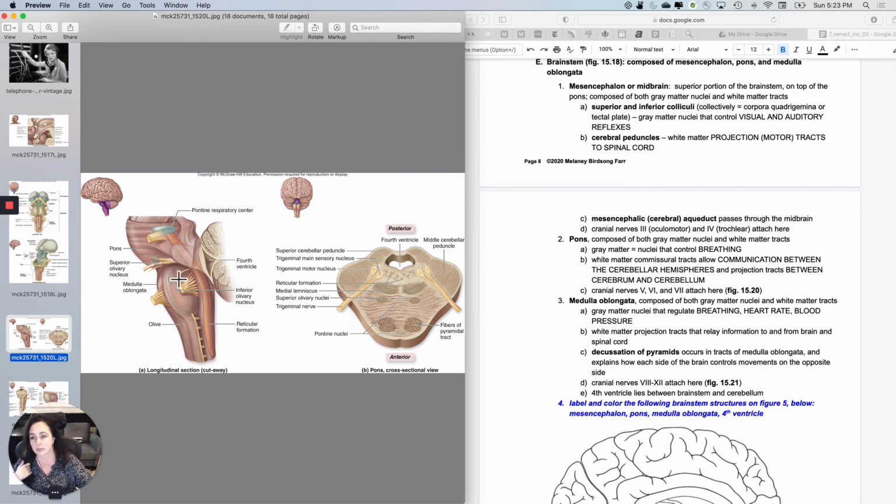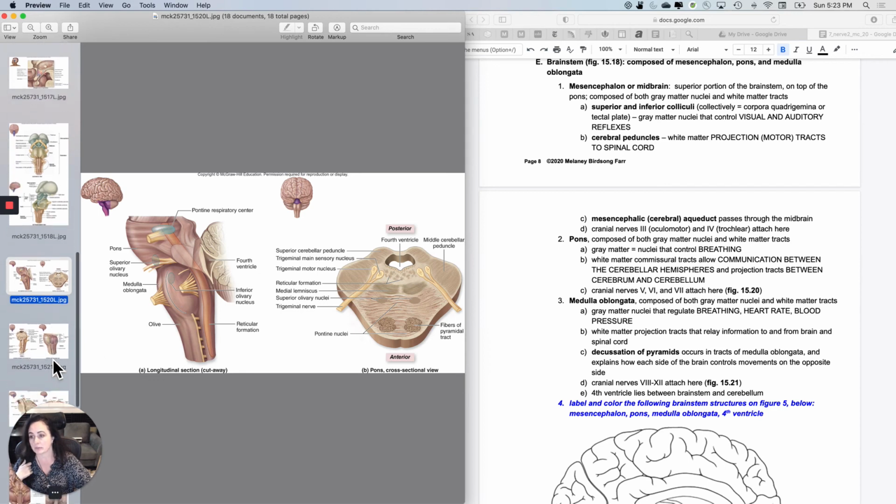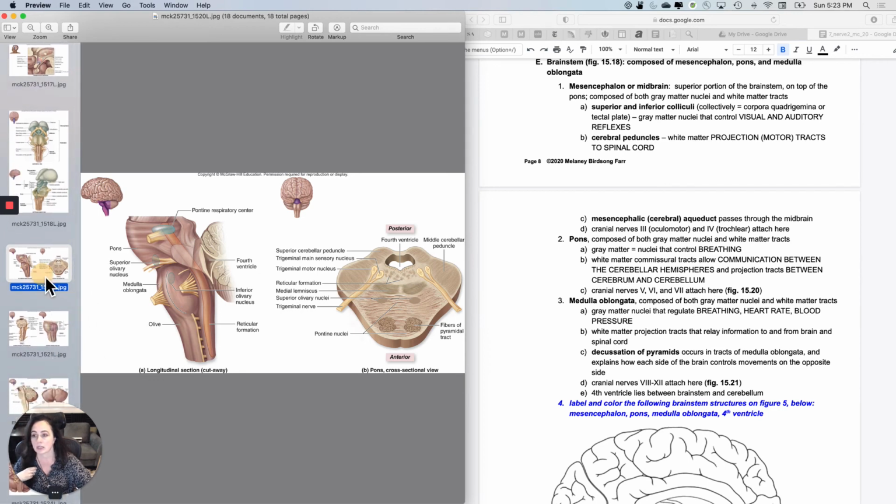And then last but not least, all the way down here is my medulla oblongata. And the medulla oblongata has some gray matter, white matter. It's got a whole bunch of projection tracts, so that's okay. Remember that with the medulla oblongata, that's also where your tracts cross, so that left side does right side stuff.